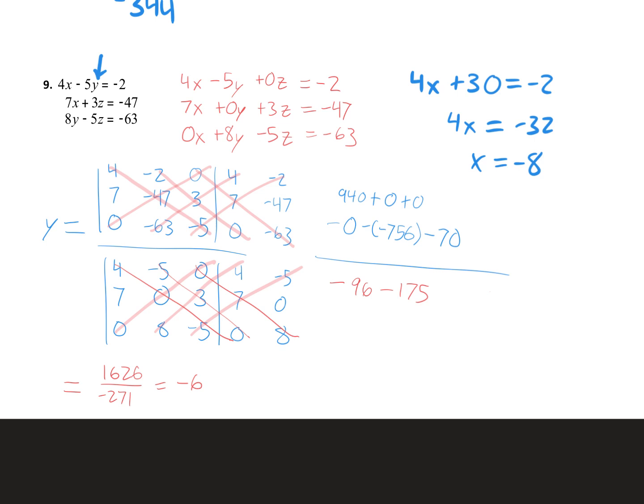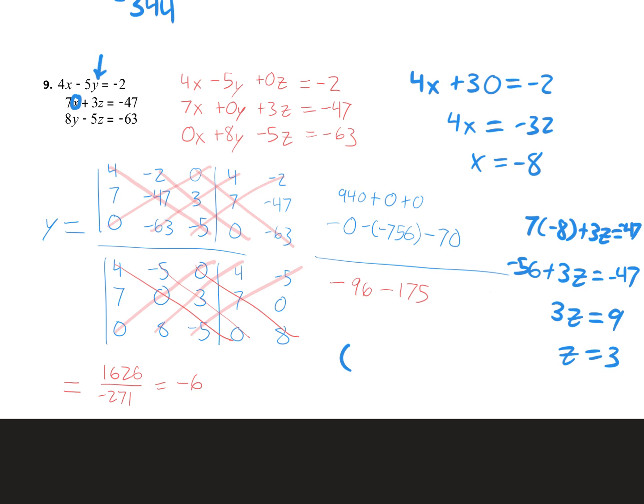So I will go ahead and plug in negative 8 right here. So you get 7 times negative 8 plus 3z equals negative 47. Negative 56 plus 3z equals negative 47. So 3z equals 9 and z equals 3. So our final answer in alphabetical order is negative 8, negative 6, positive 3.